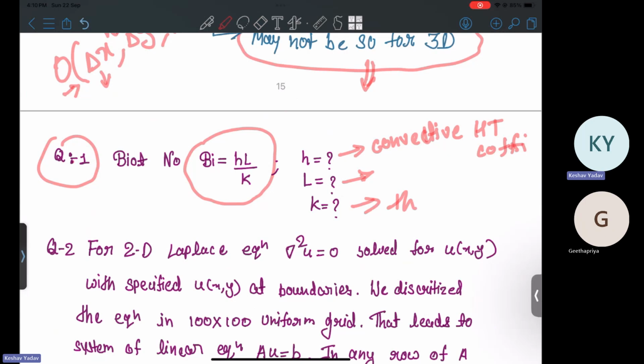K is the thermal conductivity. And L, rather than saying length, we should say length scale. Okay, this is the length scale.